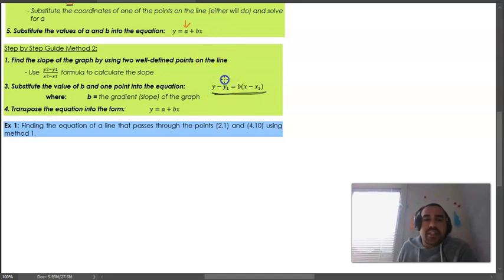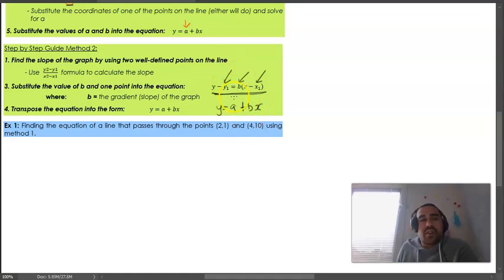Specifically, we get our x1 and our y1 and substitute them into here. We also have our b value that we found in the previous step. Substitute it in, do a little bit of algebraic magic, and you should get an equation again in the form y equals some number a plus some number b times x.